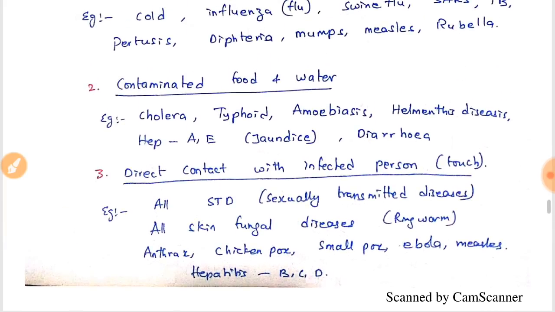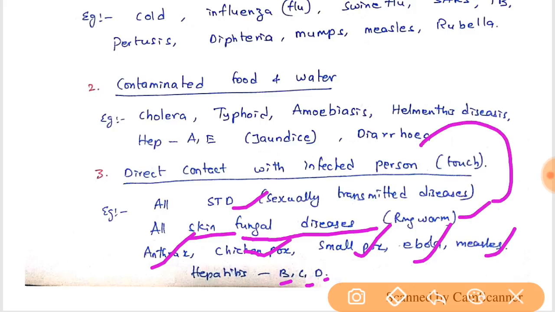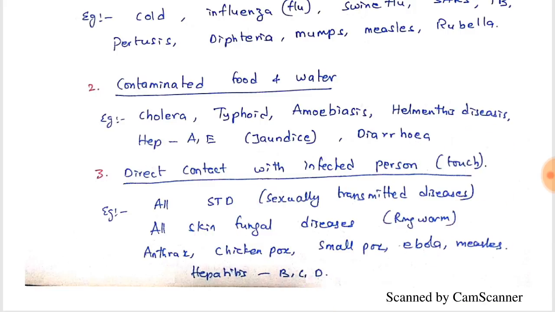See, friends, all the STD diseases, sexually transmitted diseases, and all skin allergic or skin fungal diseases caused by ringworm, anthrax, chickenpox, smallpox, Ebola, measles, hepatitis B, C, D, all can transfer from one person to another through direct contact, friends. Okay.